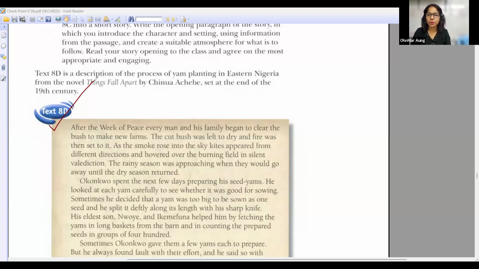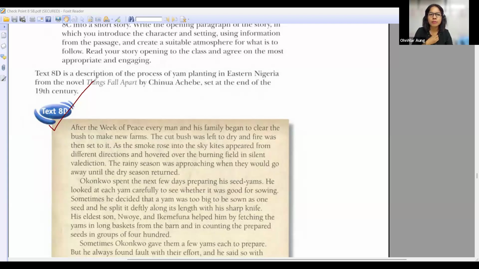The cut bush was left to dry and fire was then set to it. It means the leaves, the branches were left in the field to make them dry, and after that, fire was set to it, to burn it.